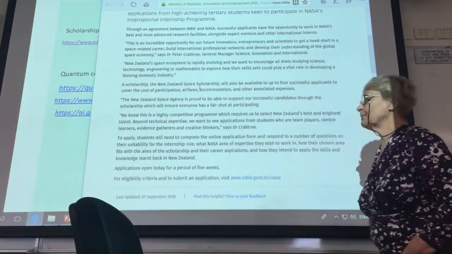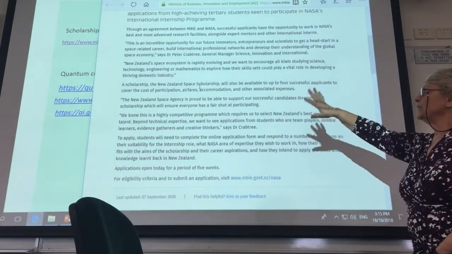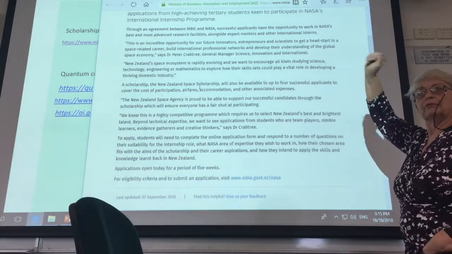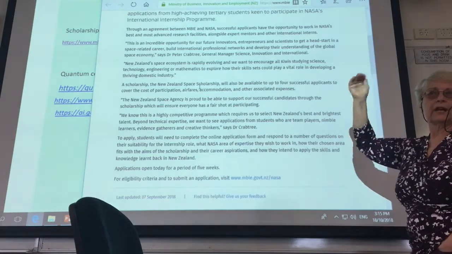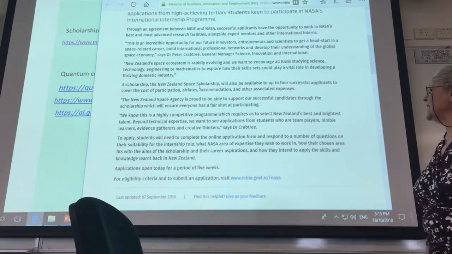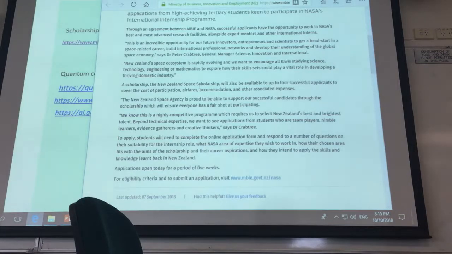People who get the scholarship will go to America and train with a mentor from NASA. They have various areas. Apparently there are just 4 students who will be accepted from the whole of New Zealand. So it's a very competitive one.